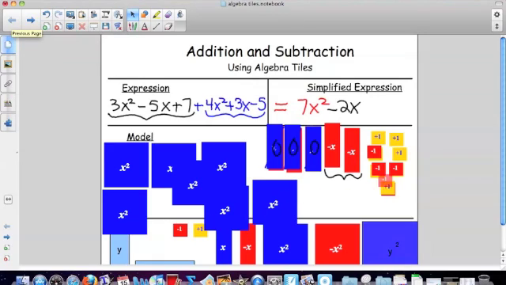So when I add the negative 5 to it, so this is now a 0, this is a 0, 0, 0, 0. So how many unit tiles do I have left? Yep. 2. Is it a positive 2 or a negative 2? Positive 2. Good. So this is how you will be showing me adding and subtracting when you are using algebra tiles.